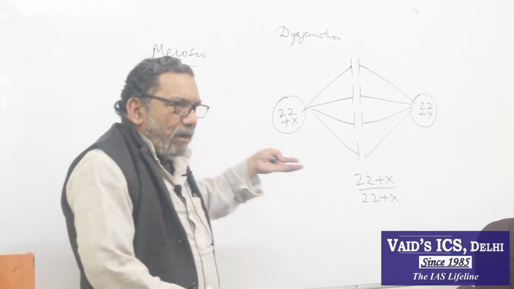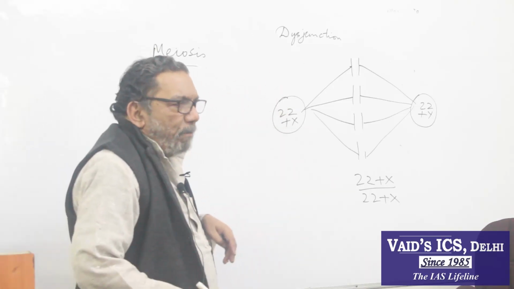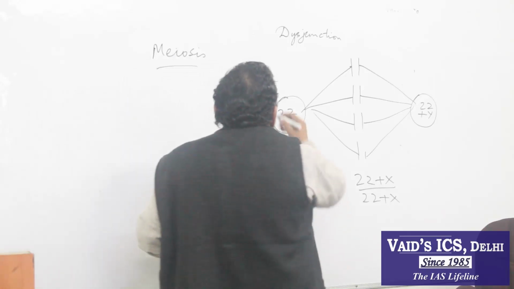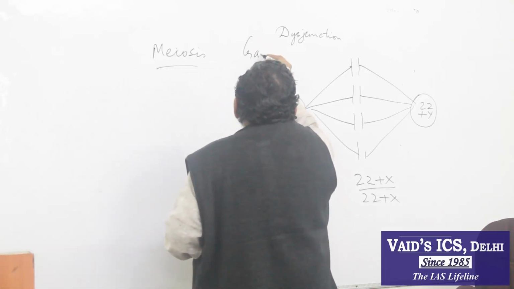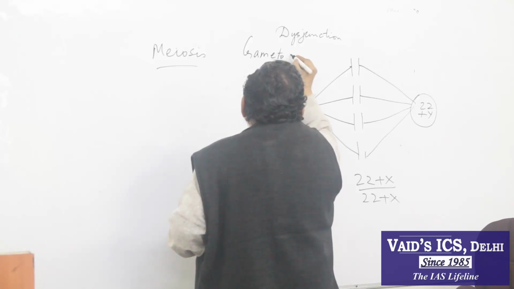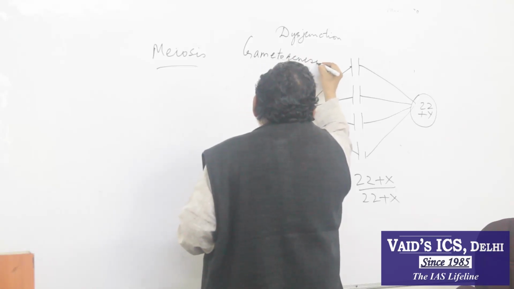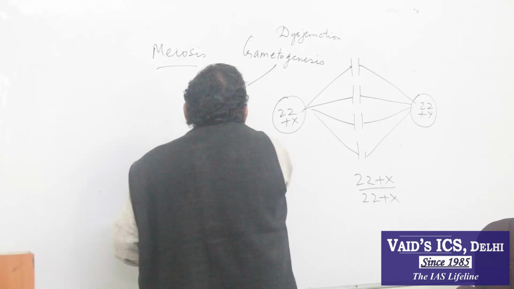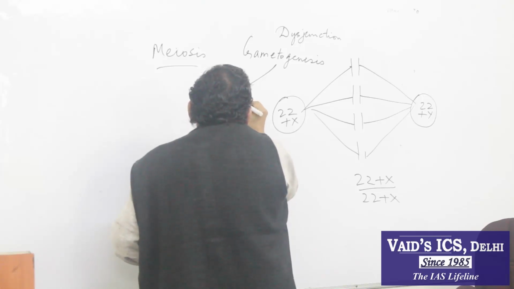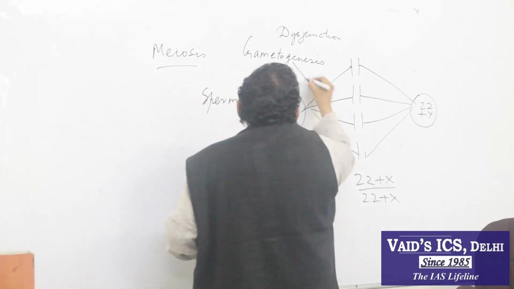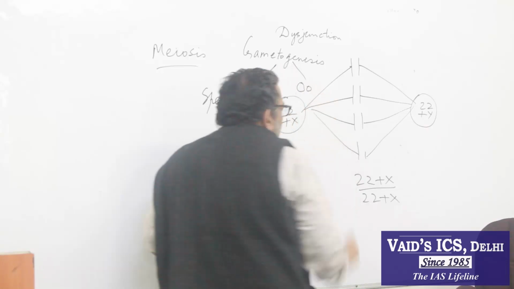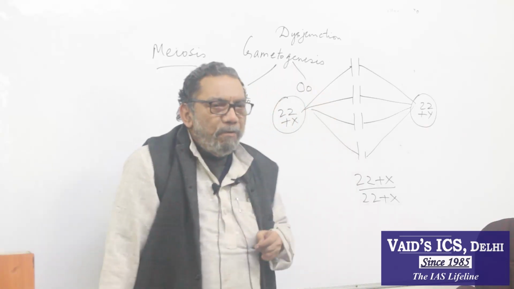Now, this process, both combined in males and females, is called gametogenesis, formation of gametes. In males, it is called spermatogenesis, formation of sperms. In females, it is called oogenesis, formation of eggs.